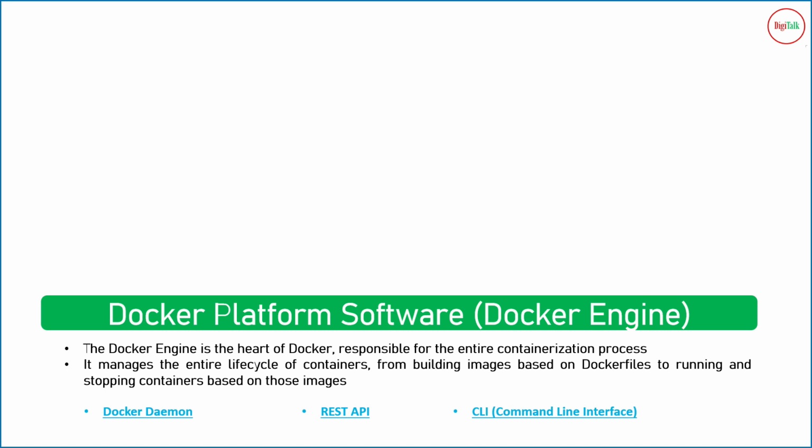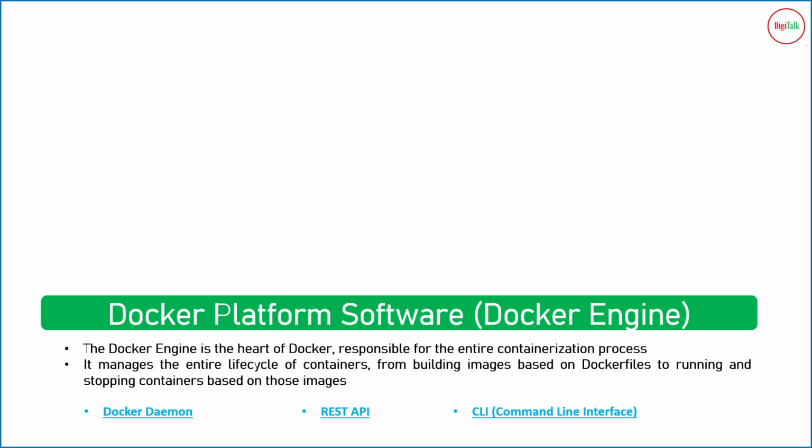To execute your Docker commands, you have different options. One is the CLI, the command line interface, which we mostly use, where we enter different commands from the command line. But if you want to use APIs to control your Docker engine for different kinds of operations, you can use the APIs as well for controlling your containers in the Docker engine.